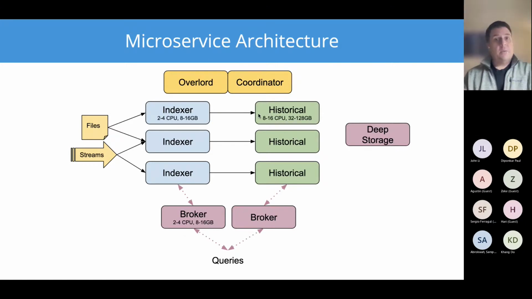This is the scatter-gather part of it. If I send a query to the broker, it will query all of the indexers and all the historicals. The historicals and indexers will return intermediate results back to the broker, and the broker will do the final merge and return that result to the end user.